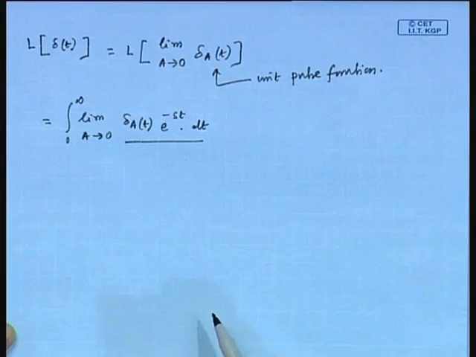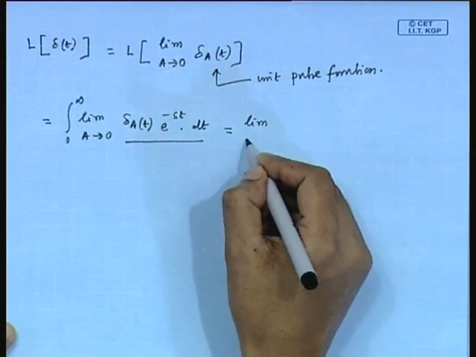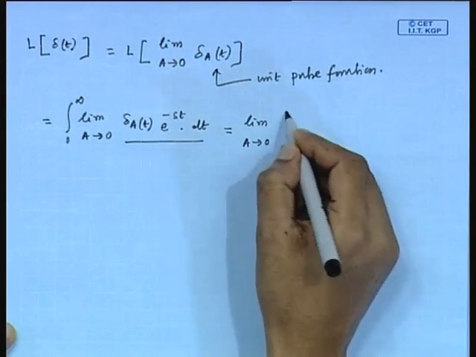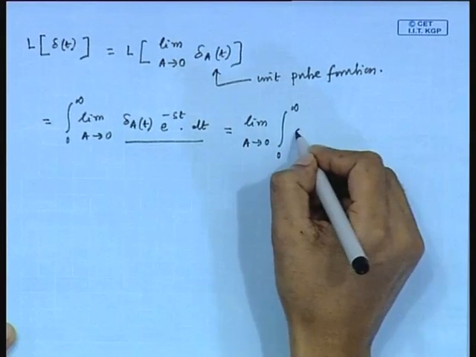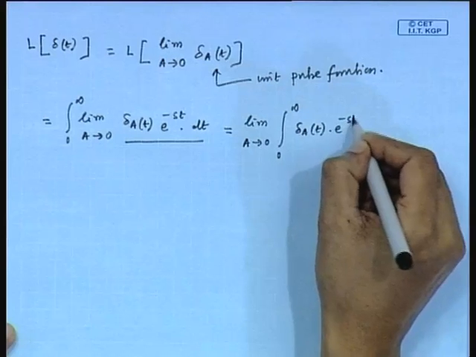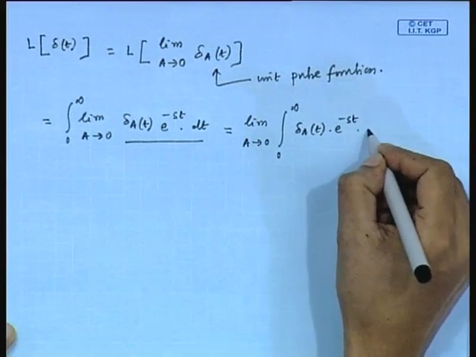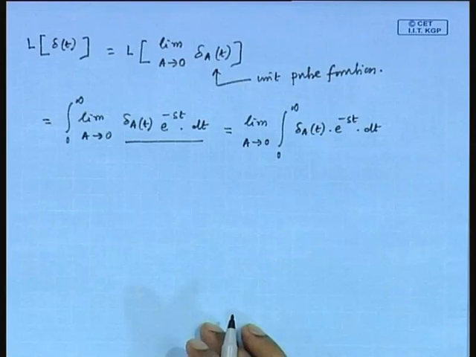We can take out the limit a tends to 0, and the integral from 0 to infinity of delta_a(t) e to the power minus st dt is the Laplace transform of the unit pulse function.